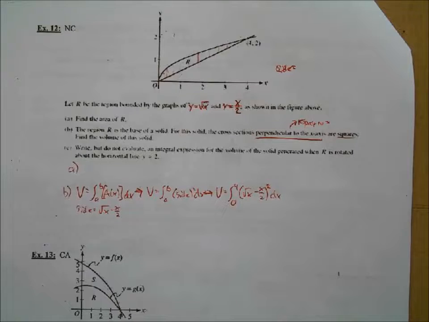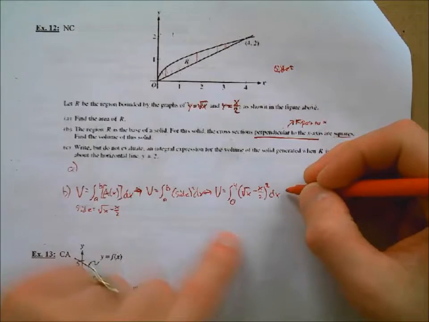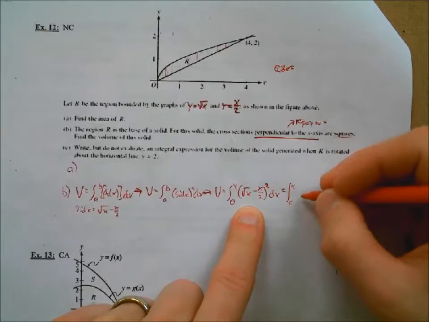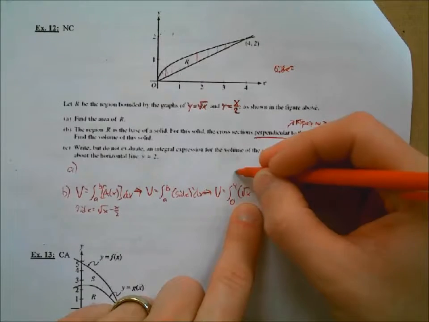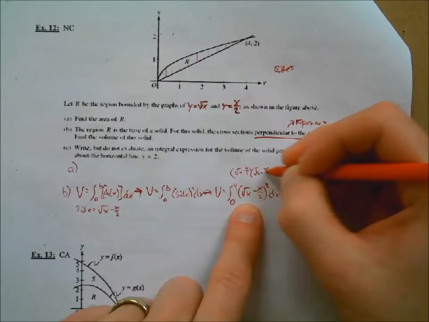We need to multiply this out first before we can take the integral. This is not in a format that we can integrate, and a u substitution would not really be helpful. So we'll want to square this out. Integral from 0 to 4. If we FOIL this out, it's root x minus x over 2 times root x minus x over 2.